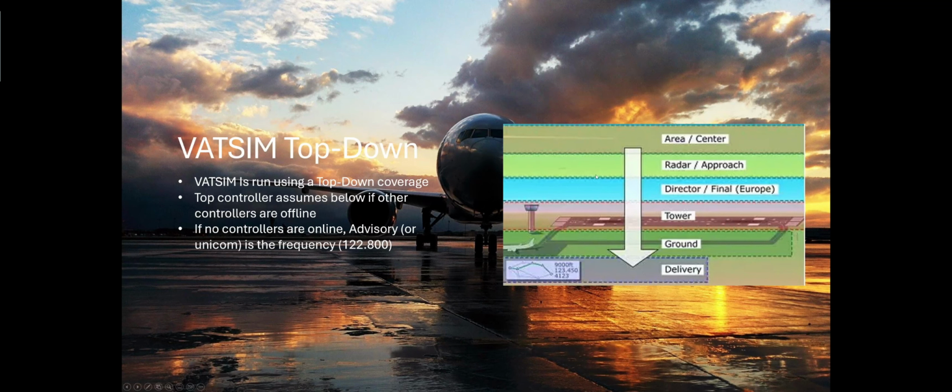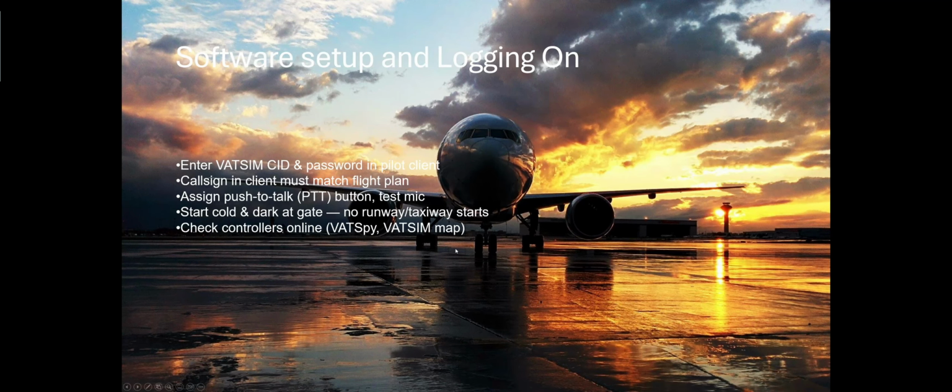They control approach or radar, director or final, tower, ground, and delivery. So if you're requesting IFR clearance and only center is online, you request an IFR clearance on the center frequency. But if no controllers are online, the advisory, aka Unicom, is the frequency 122.8.